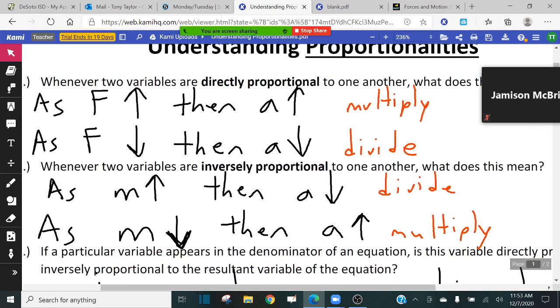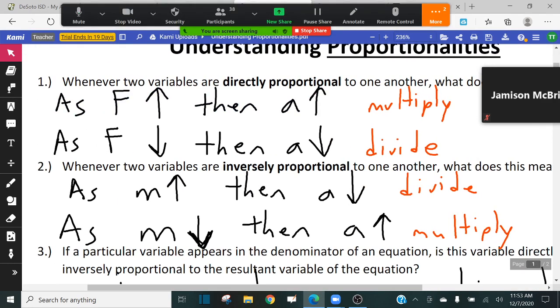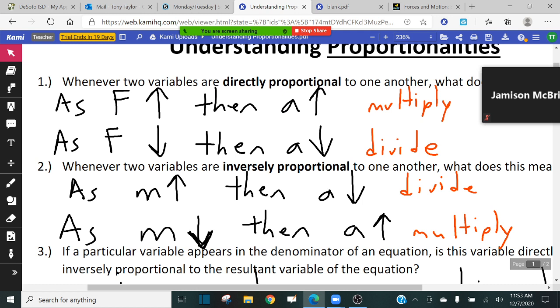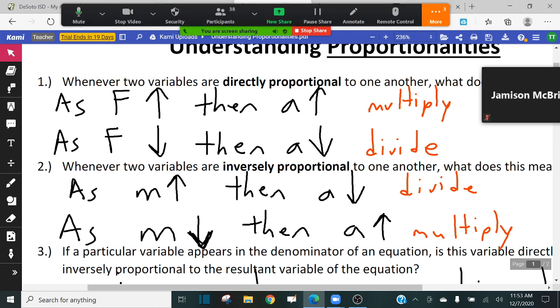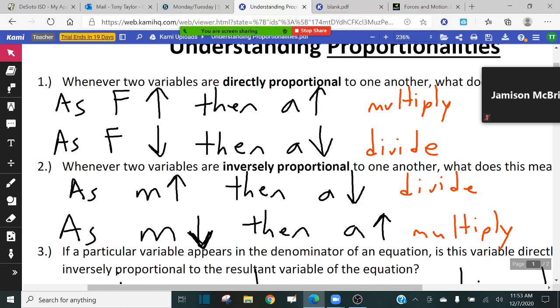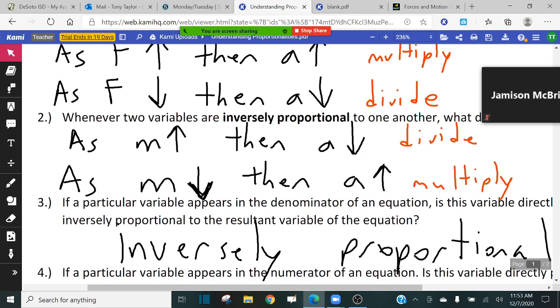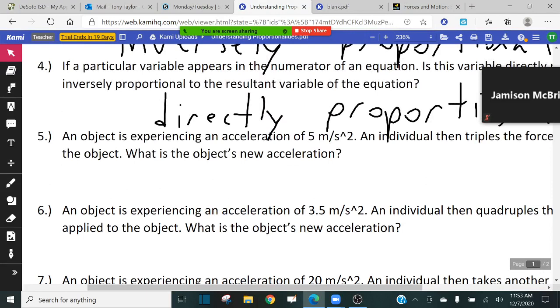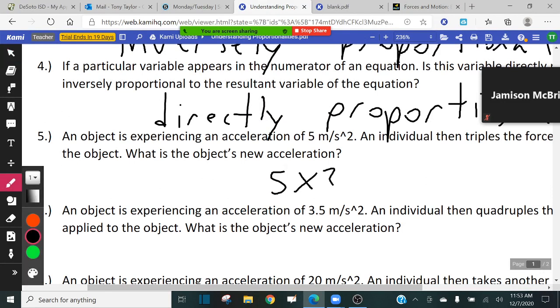Yeah. Tripling means we're going up. Exactly. So that means we need to be multiplying here. So as force goes up, then acceleration has to go up. So guys, if I triple my force, that means I must triple my acceleration. So here, you have to do 5 times 3, which means my new acceleration is 15 meters per second squared.